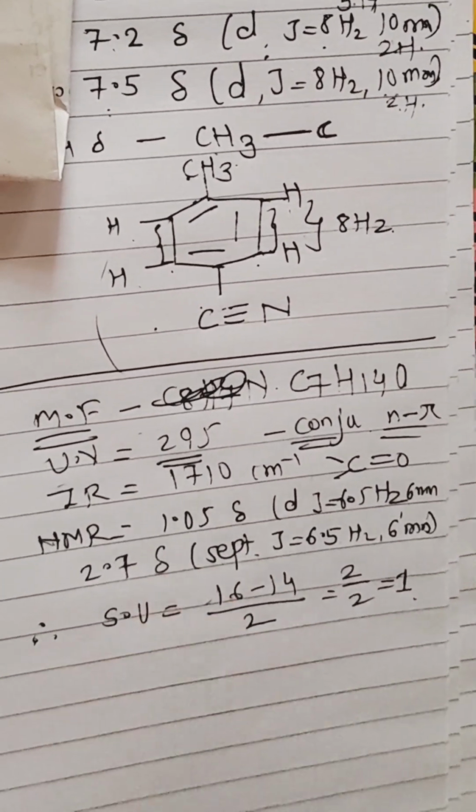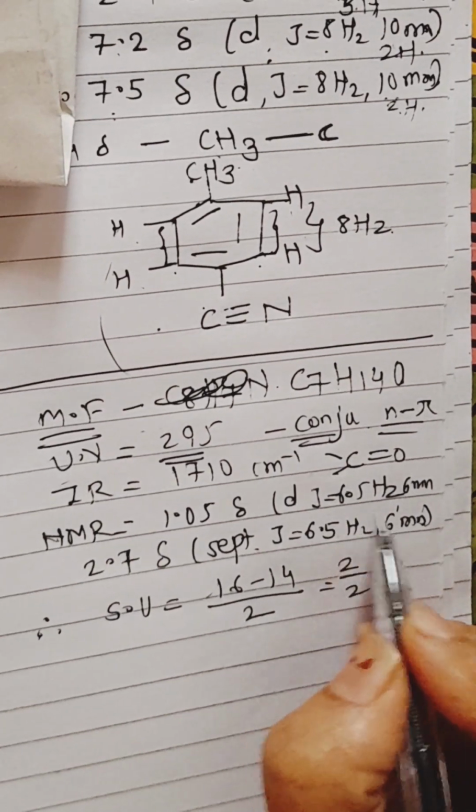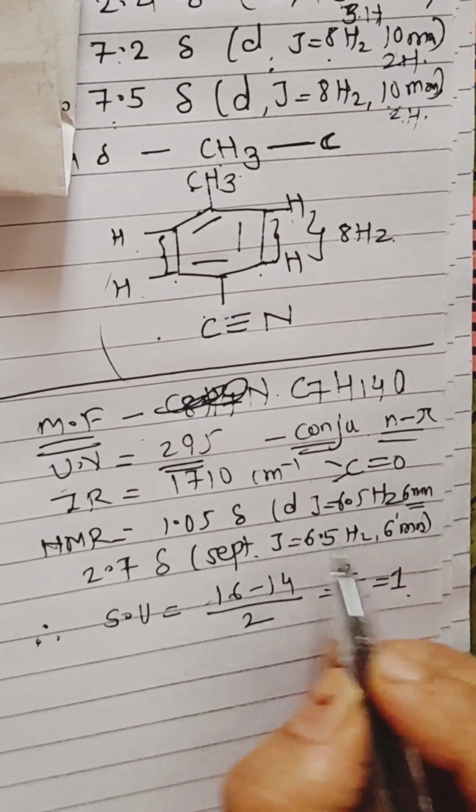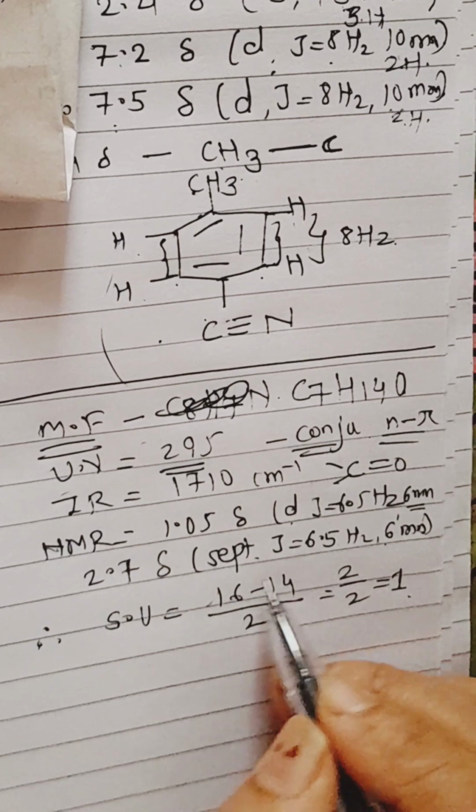Now look at the NMR data. It says 6 H shows a doublet and 6 H shows a septet.